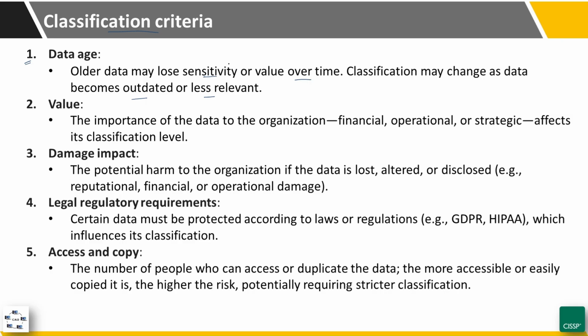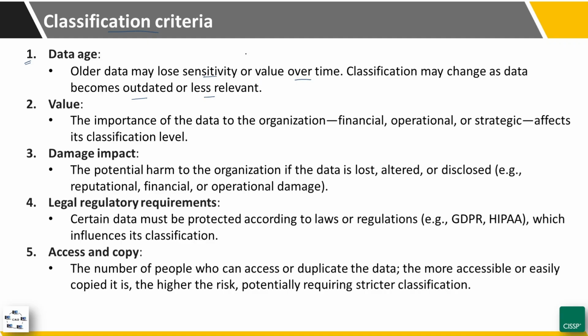One example that comes to my mind is that recently US President Donald J. Trump declassified the JFK, John F. Kennedy, assassination files. They were very important, relevant, and sensitive at the time that event happened, but over time their sensitivity and value decreased, so they are declassified.